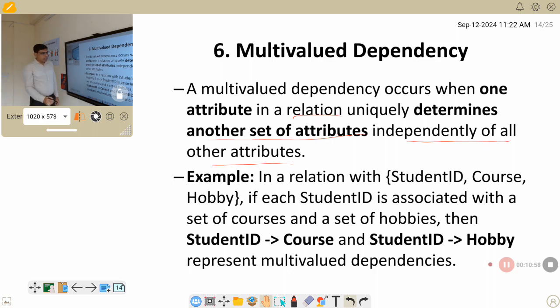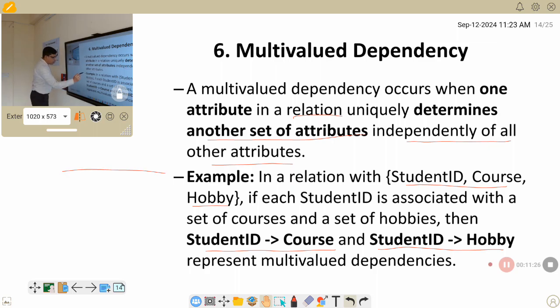In a relation with student ID, course and hobbies, three attributes are there, and student ID with course ID, and student ID with hobbies, these two are multi-valued dependencies, because if the student ID is 1, again student ID is 1, one student has multiple courses.